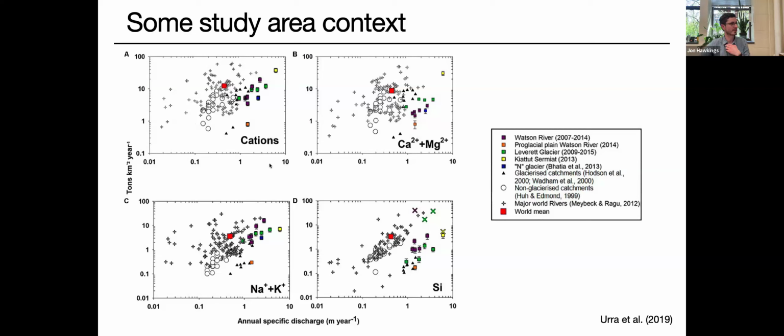And this is annual specific discharge. And actually, a lot of these Greenland ice sheet catchments have a similar yield in terms of cationic flux to some of the major rivers around the world. So these are not systems that are just frozen to the bed, that have no implications for chemical weathering. These are systems that can actually produce yields of some of these cations that are similar to some of the major river basins around the world. So I just wanted to give you that as some initial context and where we're coming from.